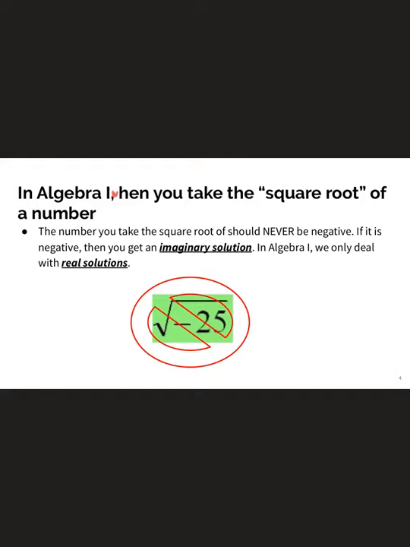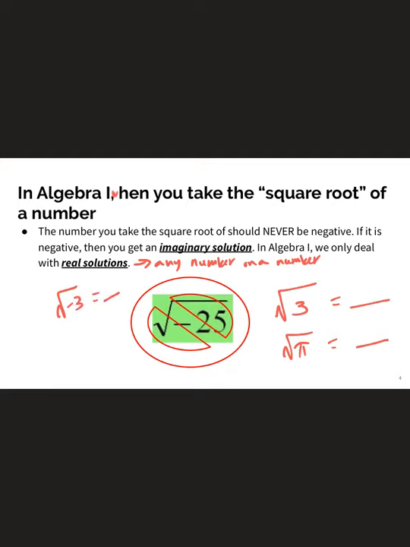And when I talk about real solutions, this means any number on a number line. So you can only take the square root of a number that you can find on the number line. So something like square root of 3, totally okay. I can take square root of pi as well, that would also be okay. But at the end of the day, you should only end up with a real solution. If you were to take the square root of negative 3, your answer would not fall on the number line, because you can't take the square root of negative 3 with just real solutions.